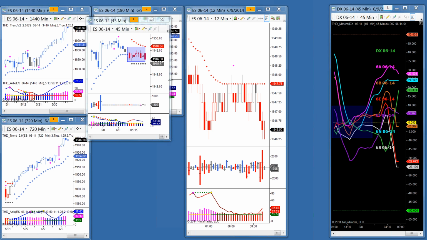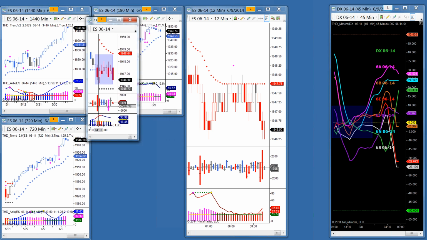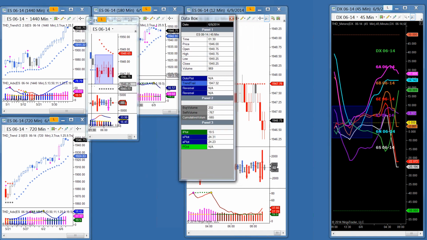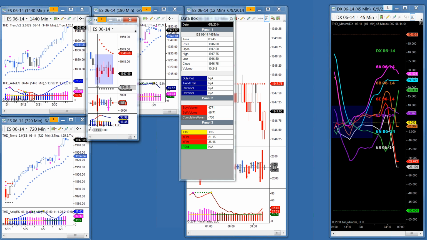Because they came in, well, let me shrink it back down so you can see. Do you see how the delta was here at 847? And let me show you something else because somebody told me this weekend they didn't realize they could do this. If you hold your cursor over here and look at this data box, look at all of the buying information. So on this bar here, you had 5,471 sellers in it.